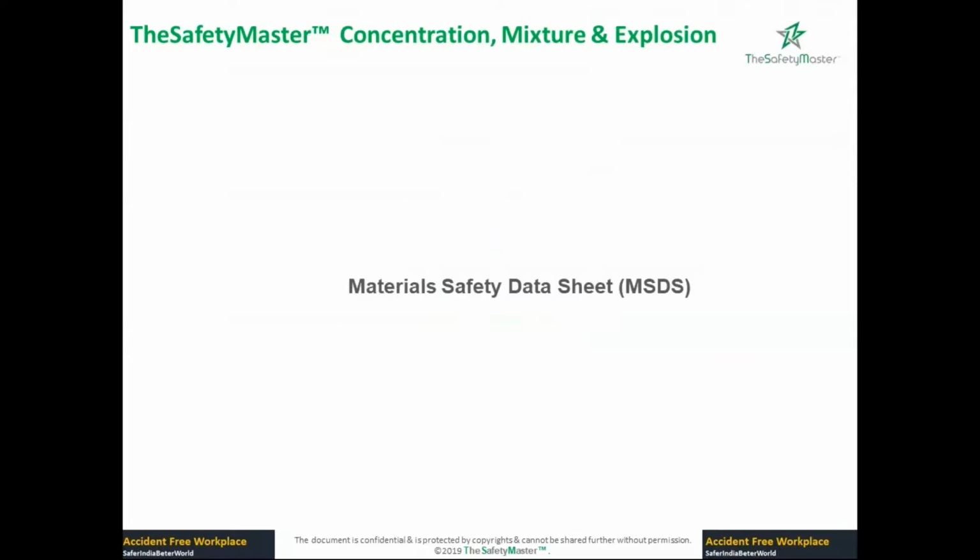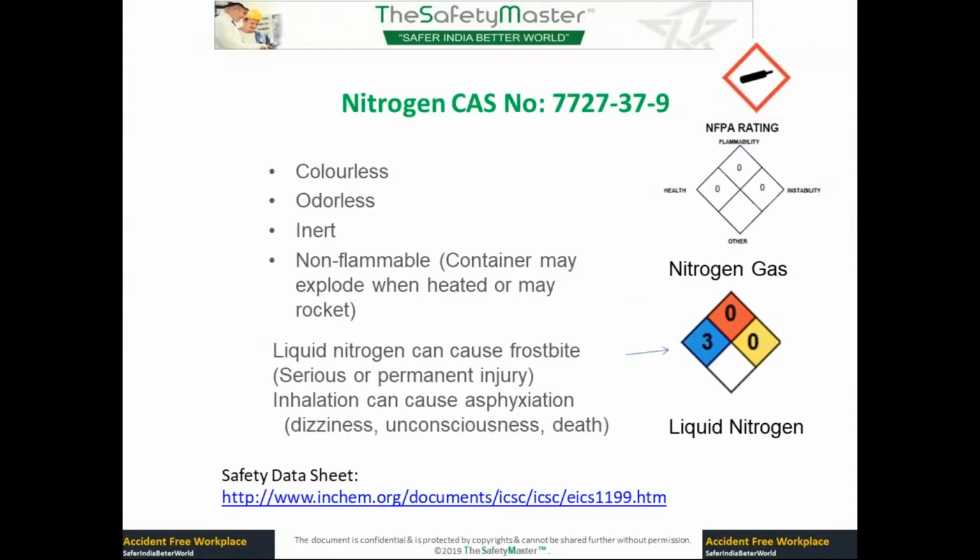Now, one of the important things to be considered when you're looking at any particular gas is the material safety data sheet, MSDS. You have to go to the MSDS for the material you're handling. In any MSDS, you will find first the CAS number.